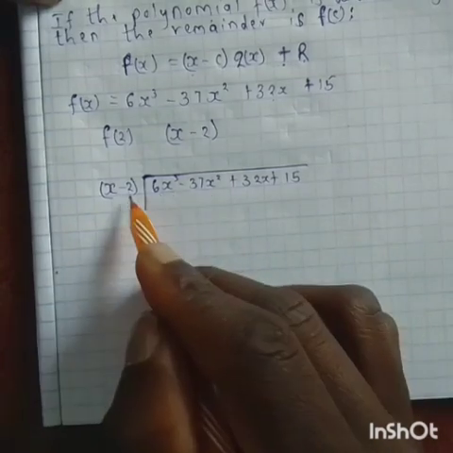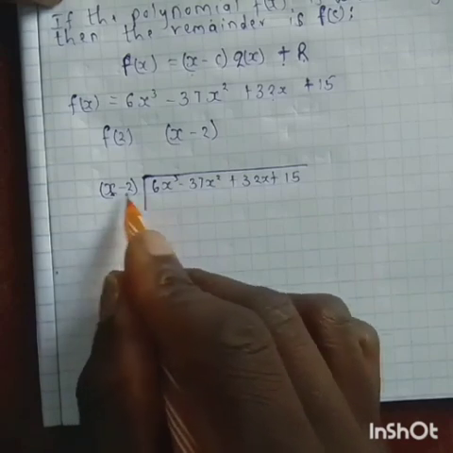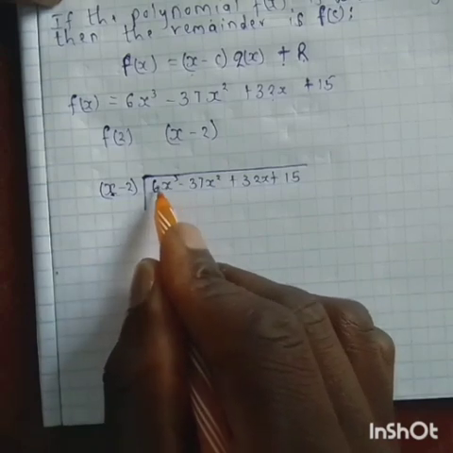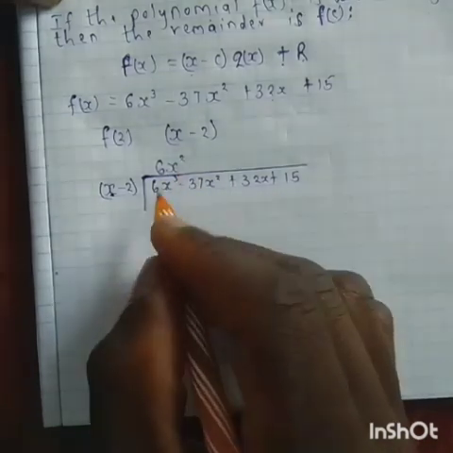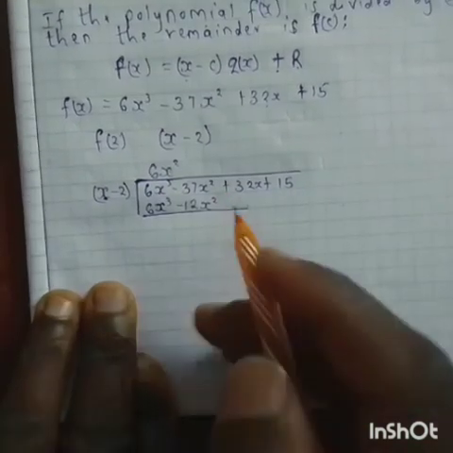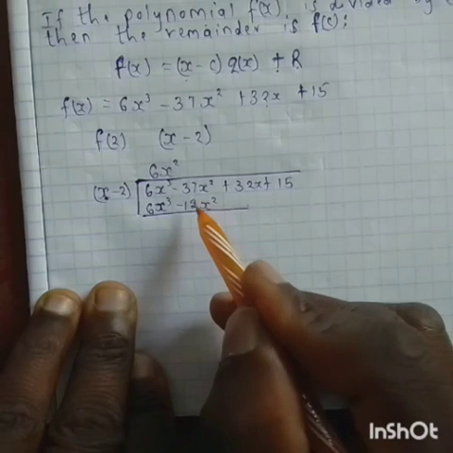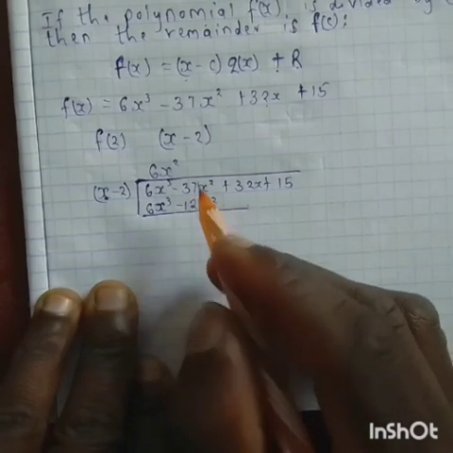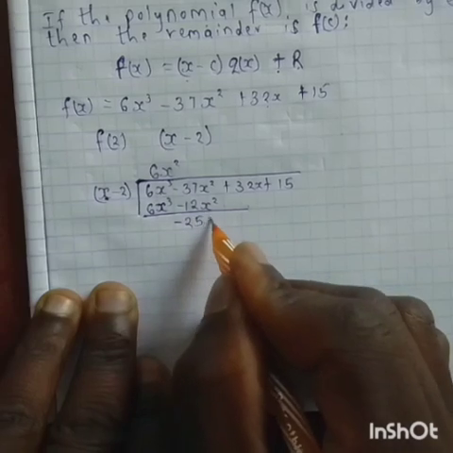Checking the coefficient of x, for 6x cubed, we multiply by 6x squared. So we have this, and if we subtract, we will have minus 25x squared.